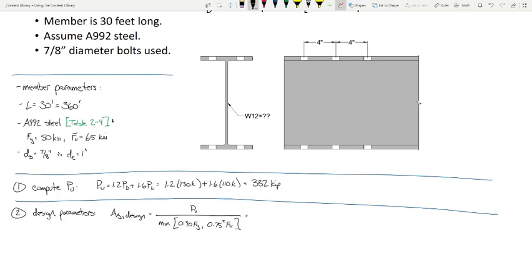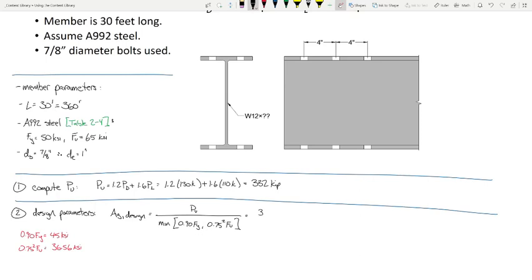So over here off to the side, 0.9 Fy, I think I can do that one in my head. That's 0.9 times 50, so 45. What is 0.75 squared Fu? 36.56 ksi. So that's definitely the one that's going to govern.